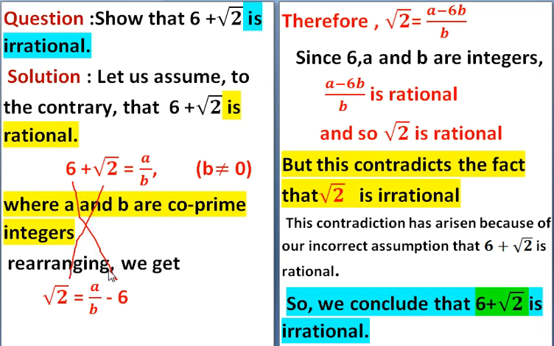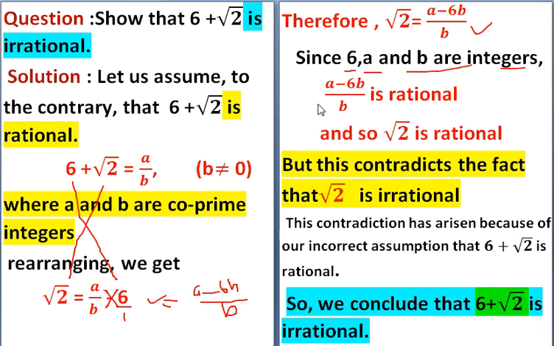By solving this with cross multiplication, we get root 2 equal to a minus 6b by b, and here 6, a and b are integers.